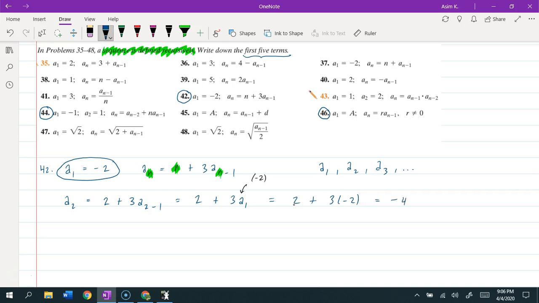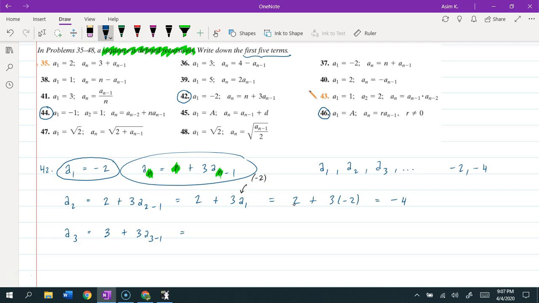So we now have the first 2 terms. The first term was -2. The next term is -4, like that. All right? Let's keep moving because we need all 5 of the terms. So I'm going to go to a sub 3. Once again, using the highlighted parts of that formula, when a sub 3 happens, you're going to take the number 3, plus 3 times a sub 3 minus 1.